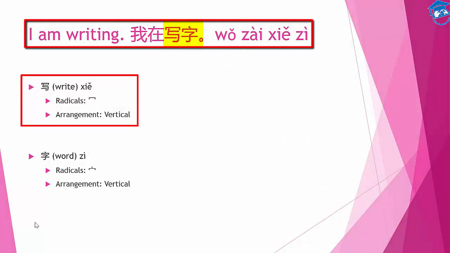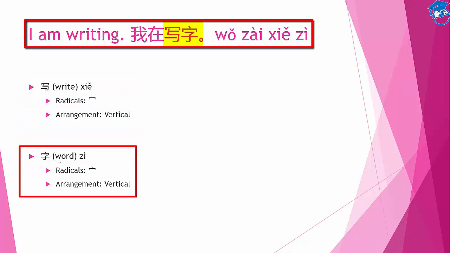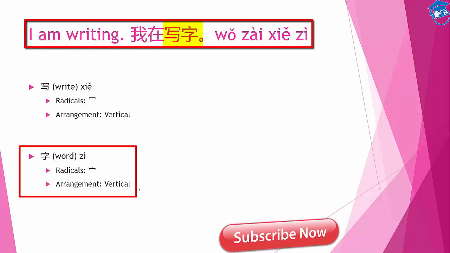And in Chinese, when you say write, you need to have an object. So the object here is word, 字. This is the pinyin. So the whole thing, 我在写字, means I'm writing words. The radical is what's on top, so the arrangement is vertical.